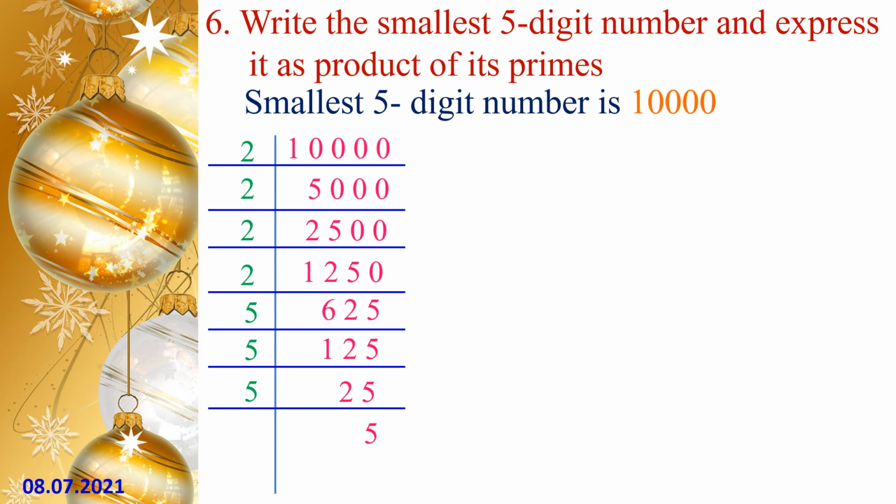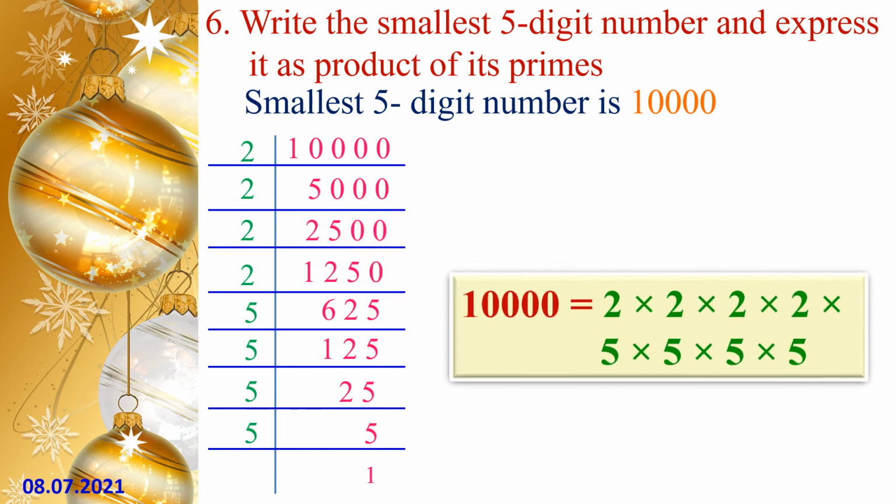Again it is divisible by 5. 5 divided by 5 we get 1. So finally we write the prime factors. So 10,000 is equal to 2 into 2 into 2 into 2, 5 into 5 into 5 into 5.